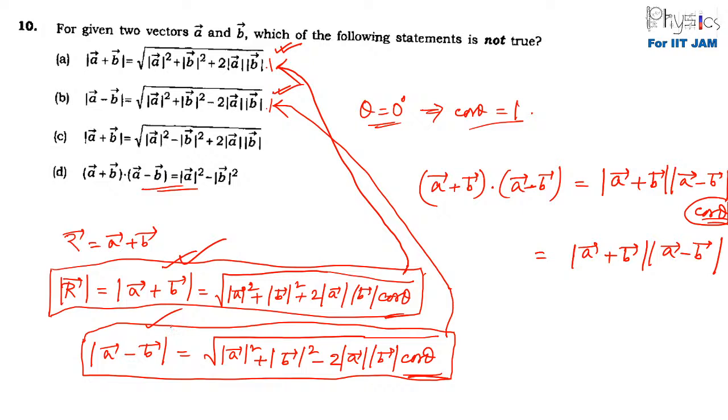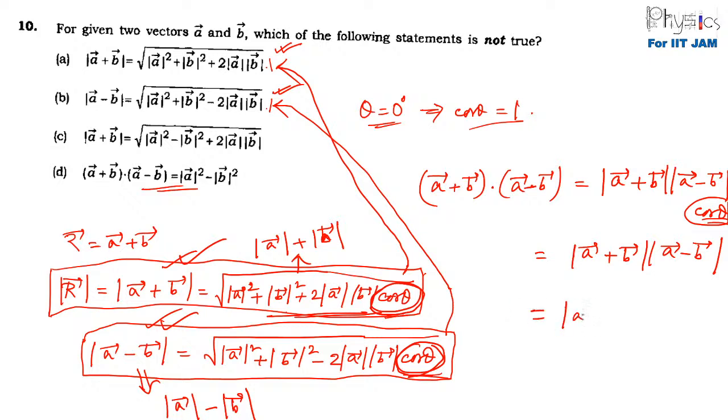Now what do these two mean? These two mean a vector plus b vector, mod of a vector plus mod of b vector, right? That is a plus b, this is a plus b whole square. If cos theta is 1, then only we have mod of a vector plus b vector equal mod of a vector plus mod of b vector, and this will be mod of a vector minus mod of b vector.